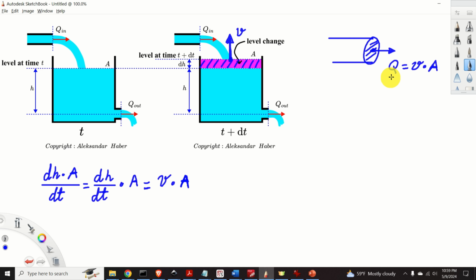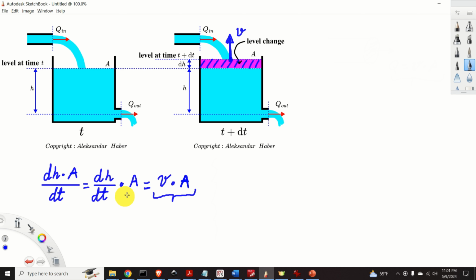And by comparing this general formula for the flow rate with this formula, we can see that from the mathematical perspective, these formulas are actually identical. To summarize, we learned that this term over here is actually the flow rate.